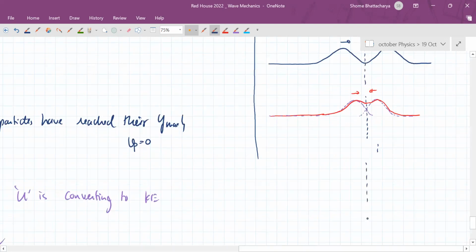And by the time they overlap completely, this kind of thing will happen.